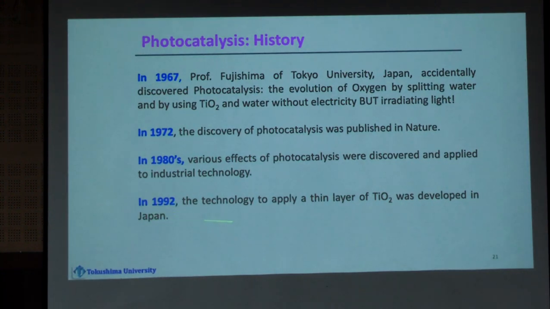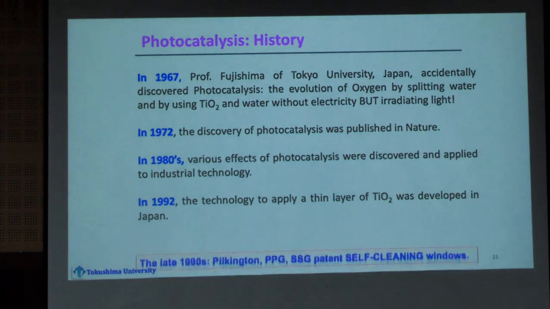In 1992, technology to apply a thin layer of TiO2 was developed in Japan. So it started in 1960, and you can see after the 25th year, the first commercial breakthrough came for photocatalysis.